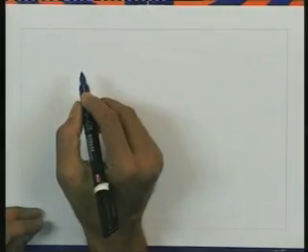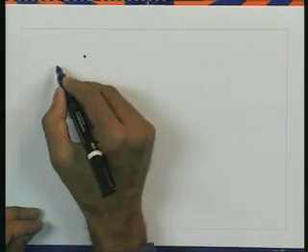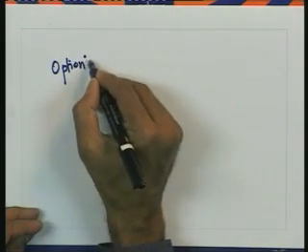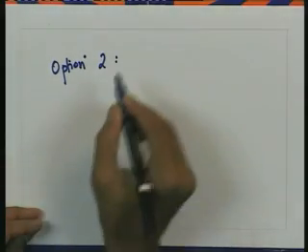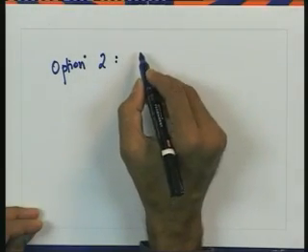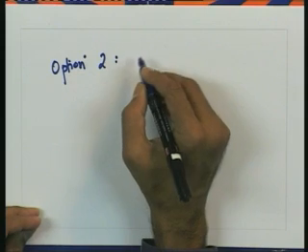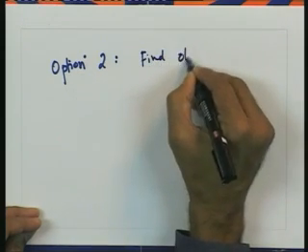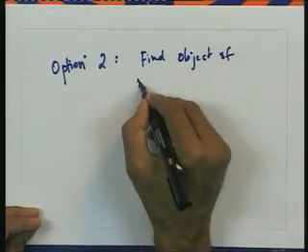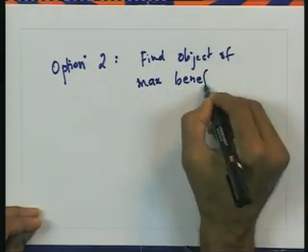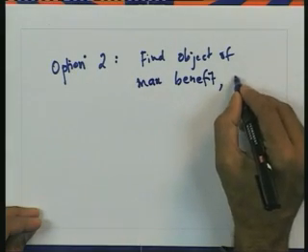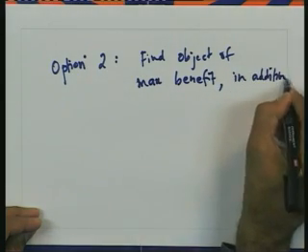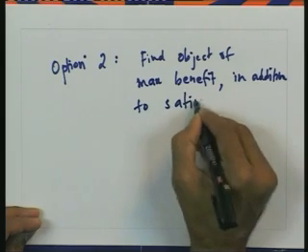Optionally, we might also have an alternate definition, option 2, in which instead of asking for the object of least cost, we want an object of maximum benefit, of course, in addition to satisfying the given constraints.